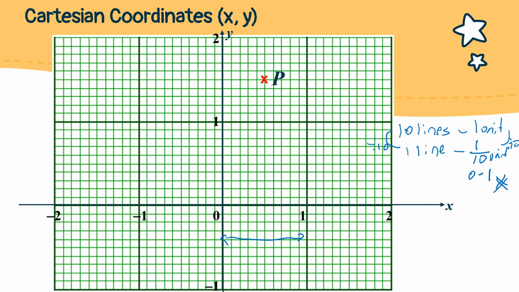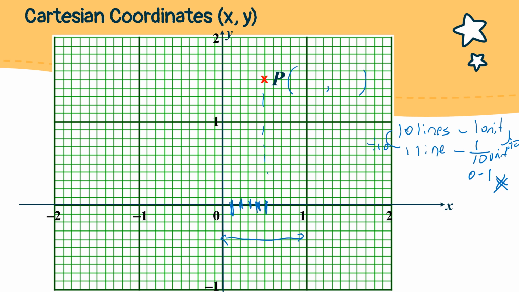Now, this value is actually very important. So each thinner line is counted as 0.1. So to find the coordinates of P, we will need to do some counting here. We will have 0.1, 0.2, 0.3, 0.4, and we will have 0.5.